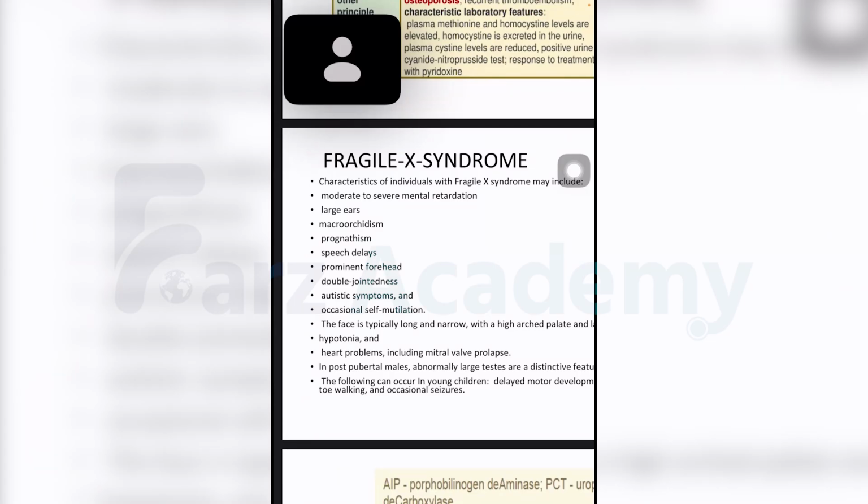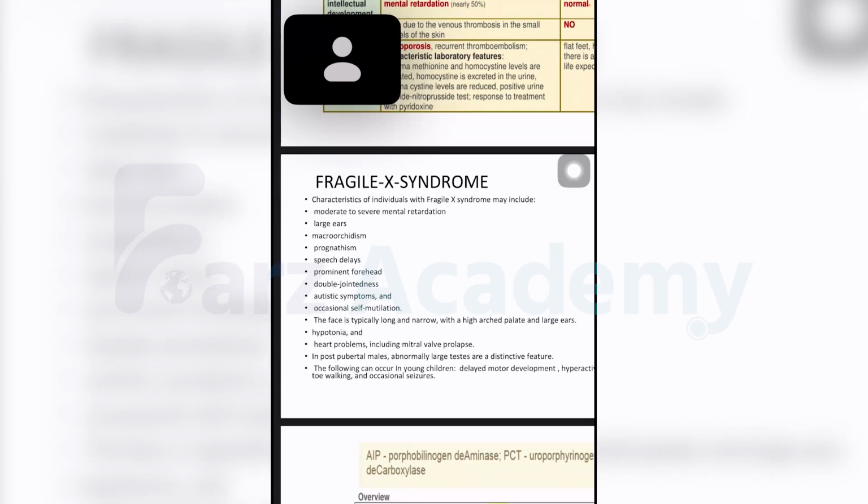Everything mostly is large here except for mental retardation, which we now don't use as a word. We use intellectual disability. Autistic. Otherwise, it's prognathism, large ears, large testes, prominent forehead. This is about fragile X.